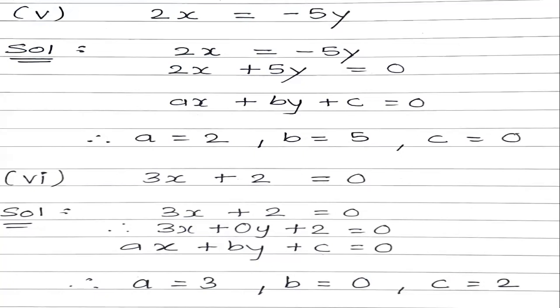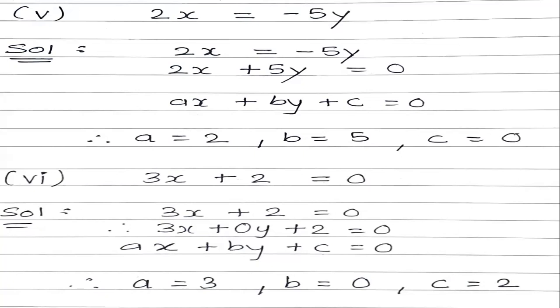Now, in the sixth question that we're doing, we have a variable x, but we don't have a variable y. So what I shall do is, I shall rewrite the question as 3x plus 0y plus 2 is equal to 0. And now compare it with the standard form, which is ax plus by plus c is equal to 0.